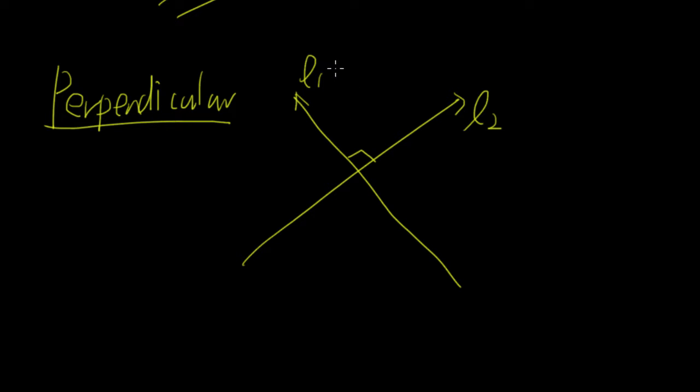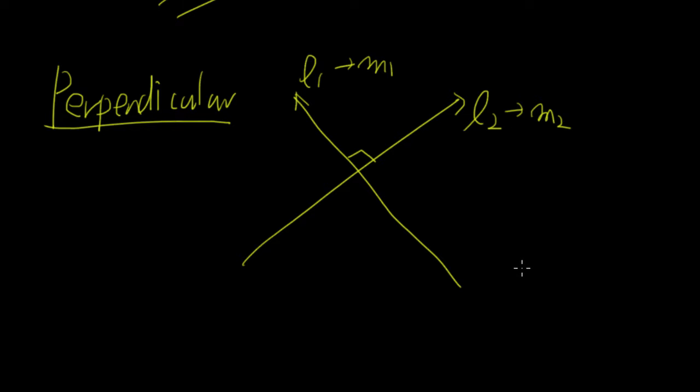So let's say we have m1, the slope from the first line, and m2, the slope from the second line. What should be the relation between m1 and m2? Well, m1 and m2 should be negative reciprocal to each other, right?